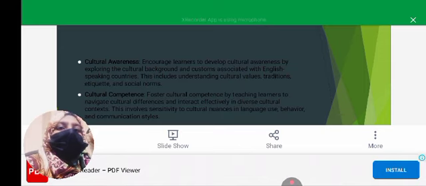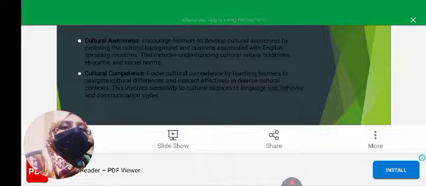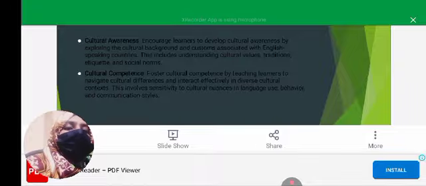Culture awareness, cultural competence. Culture awareness: encourage learners to develop culture awareness by exploring the cultural background and customs associated with English speaking countries. This includes understanding cultural values, traditions, etiquette, and social norms.